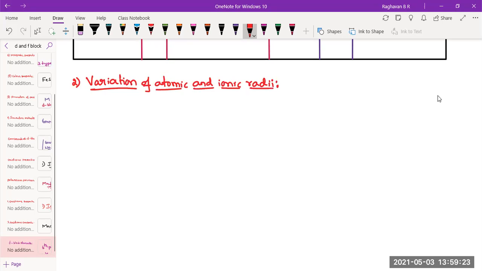Of course, in most of the cases, the way atomic radius varies in the same series, ionic radii also vary, except where the ion formed suddenly has half-filled or completely filled orbitals. The deviation may be seen there. Otherwise, by and large, it is the same.